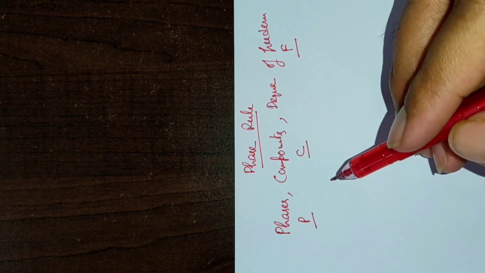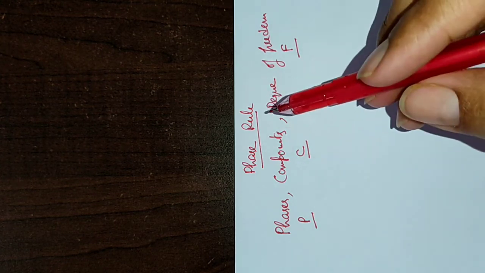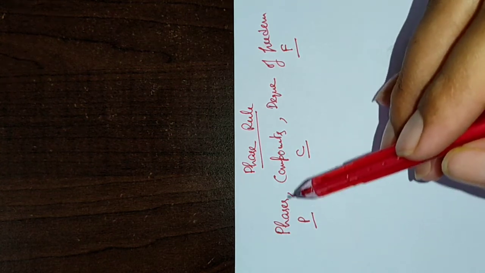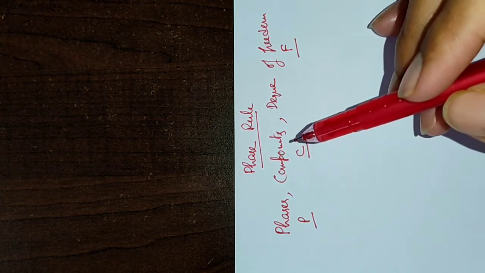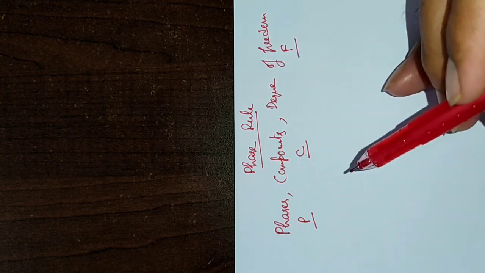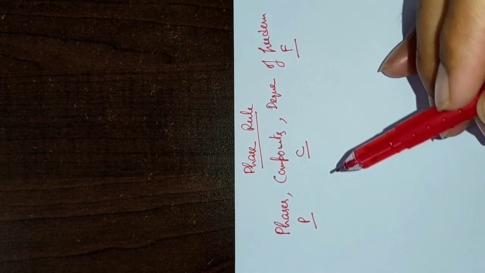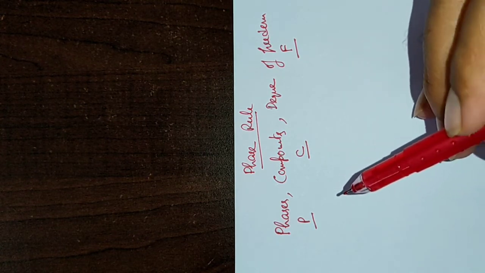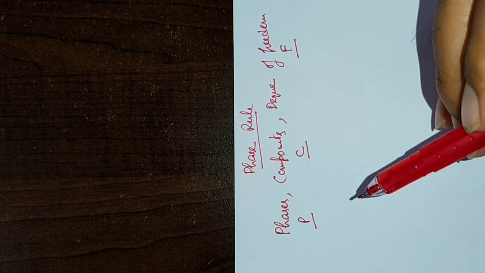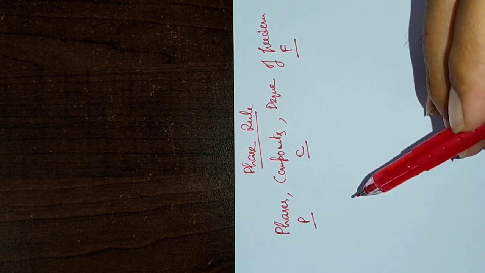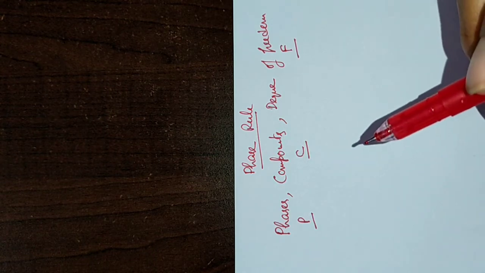Now, before deriving the rule, it is important to first understand the terms phase, component, and degree of freedom. So, phase is defined as any homogeneous and physically distinct part of a system which remains separated from other parts by definite boundaries.